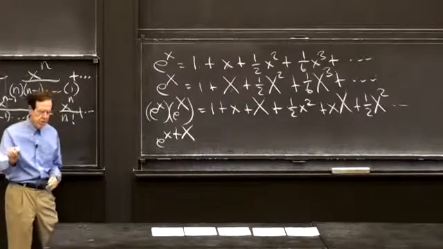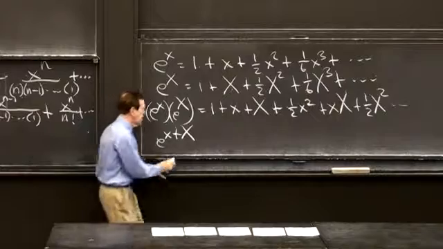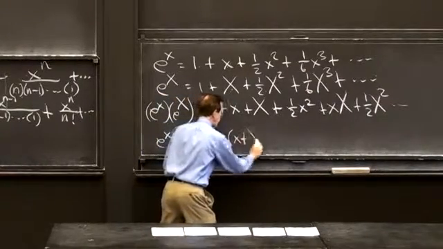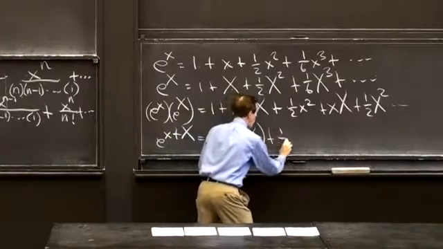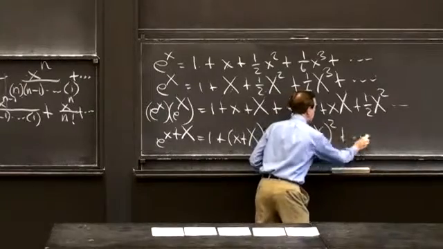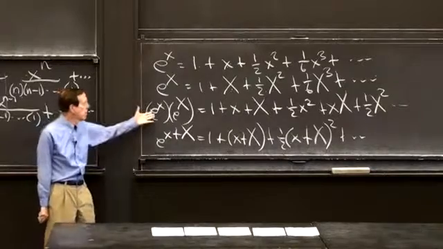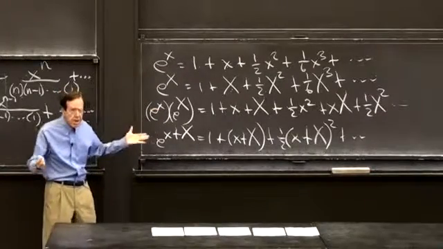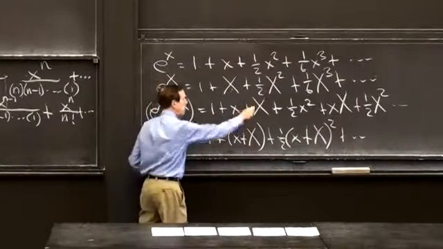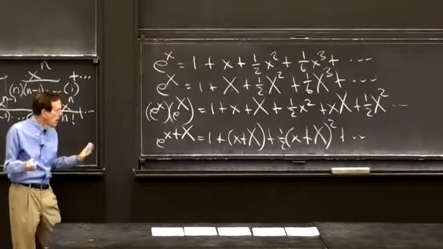That's my exponential series, and every time I have to put in x plus capital X. In other words, of course, it starts with 1, and then it has the x plus capital X, and then it has the 1/2 of x plus capital X squared, and it keeps going. And I just want you to say yes. I hope you say yes when I ask, is this big multiplication the same as this one? Well, I think it is.